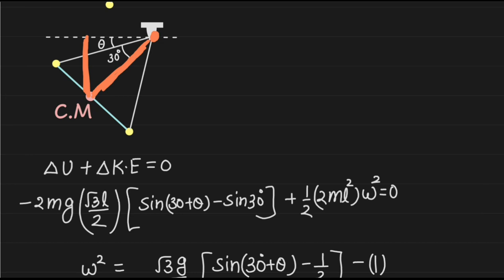One is along the direction towards the center, in which case the component of the net force from all the forces acting on these individual particles along the center will be equal to the centripetal force. So one equation will be the centripetal force equation and one will be along the tangent direction.